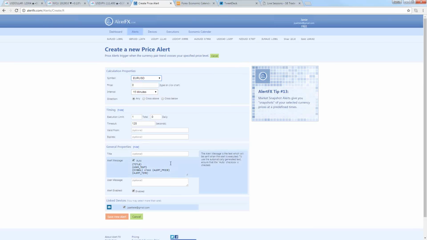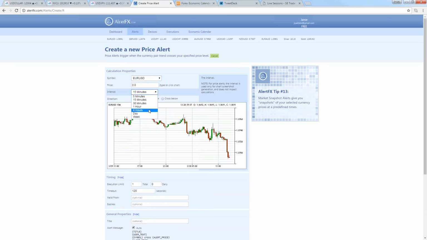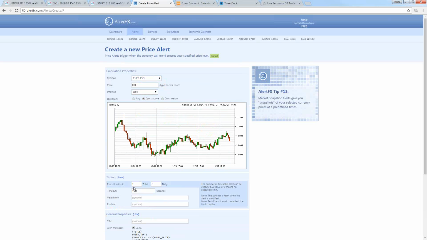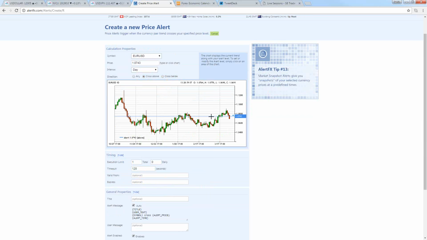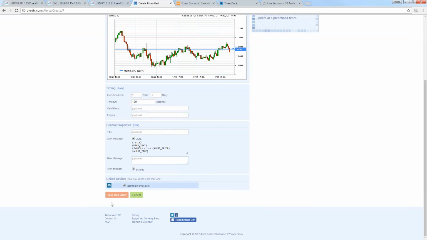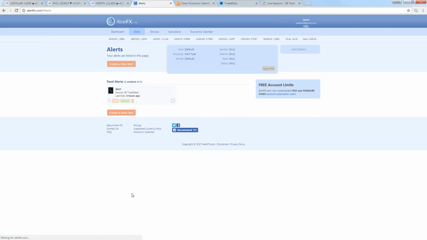I want to know when Euro, daily chart, if the cross is above, you can pick a price or an indicator or whatever. I want to know if the price crosses above 107.43, it would send me an alert. That's all. Save new alert. I'm not going to save it because I don't want it, but you can do this too if you wish. Just a totally different deal.